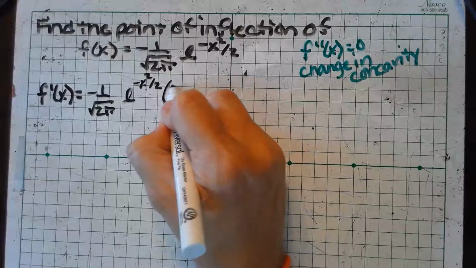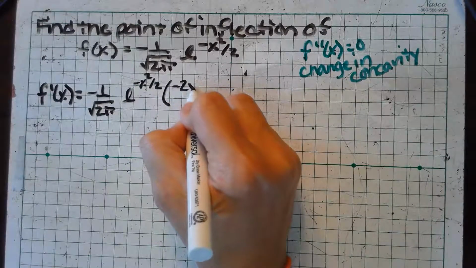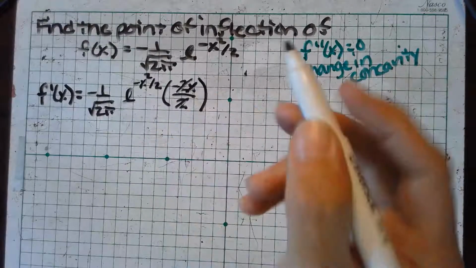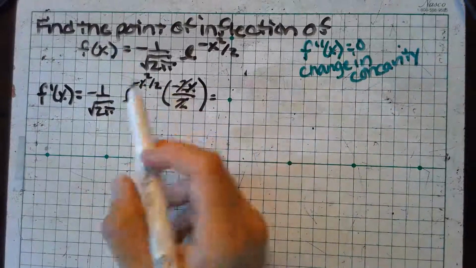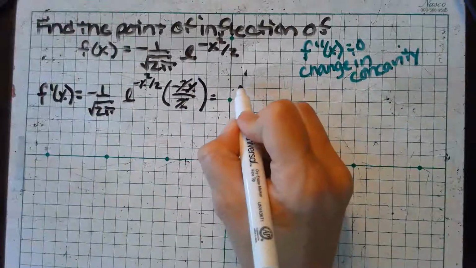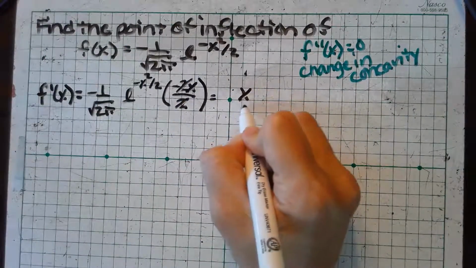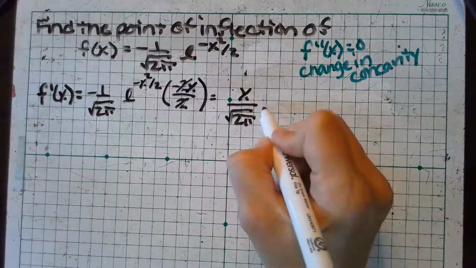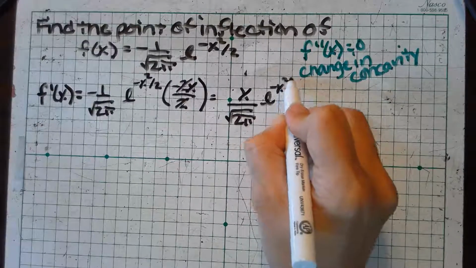So that's negative 2x over 2. You'll notice the 2's cancel. And really what happens is, let's just clean it up. You get x over the square root of 2 pi, and then e to the negative x squared over 2.